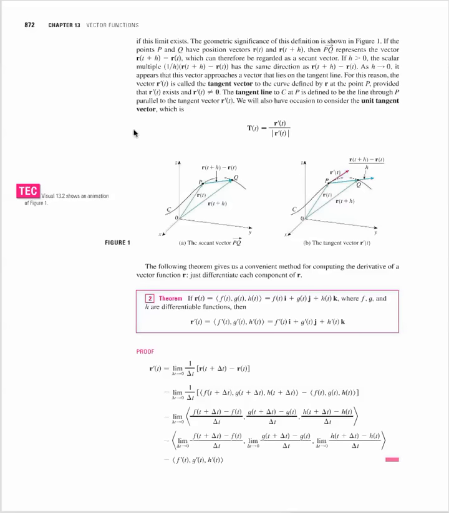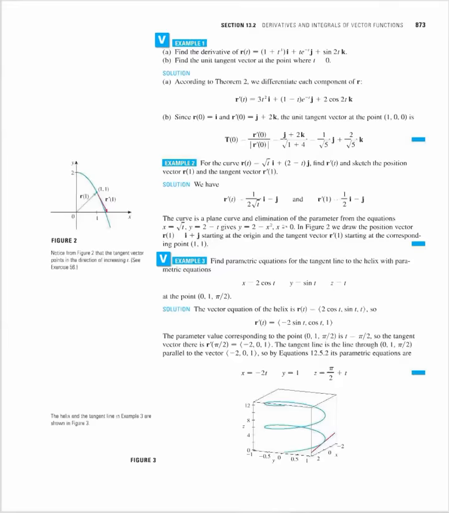What I want to highlight is at the top of 872, this idea of tangent vectors, tangent lines, unit tangent vectors. This one's going to come back to haunt us a few times in the next section, so make sure you know this formula for the unit tangent vector. Think about how you would use a tangent vector to find an equation of a tangent line, which is covered in this paragraph, but figure out how it might go.